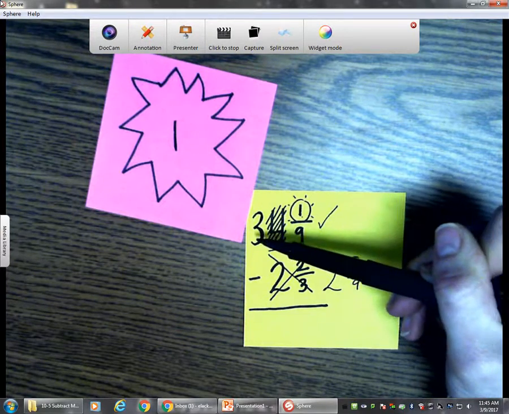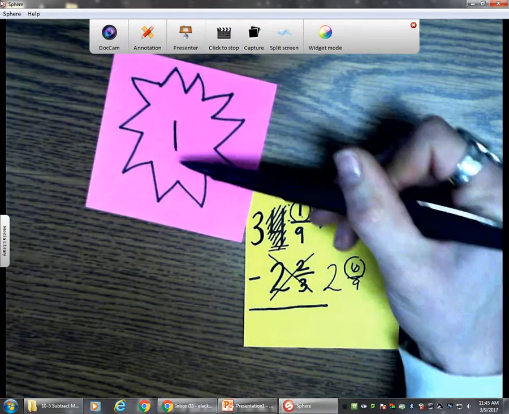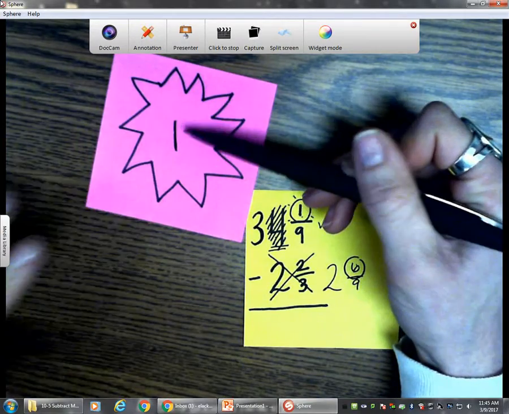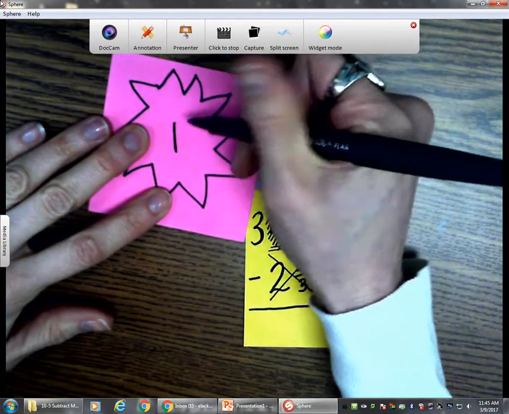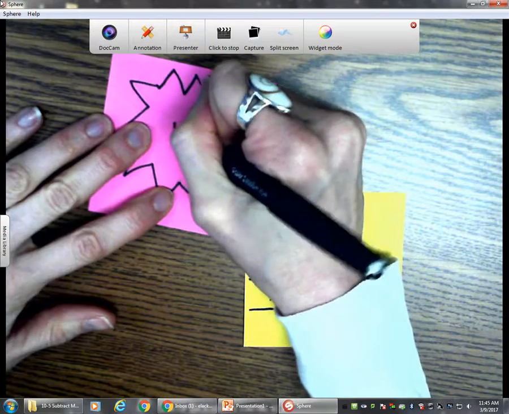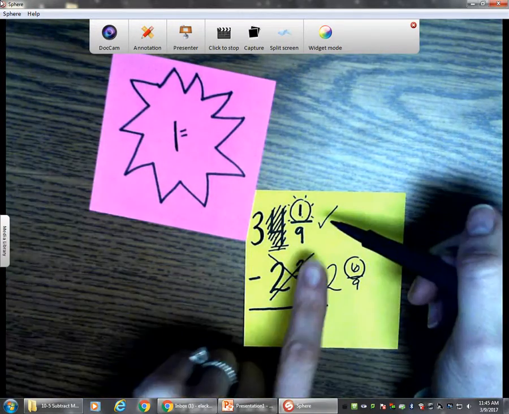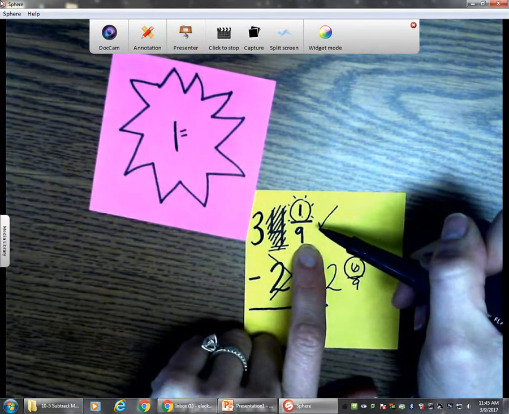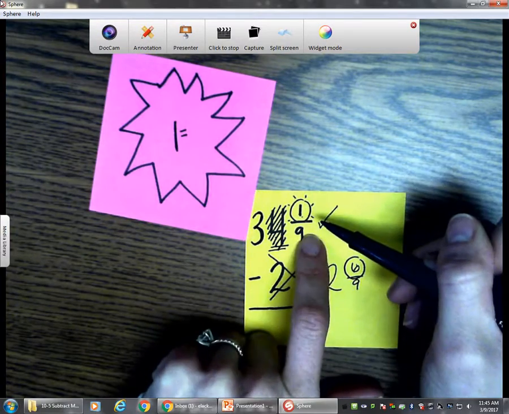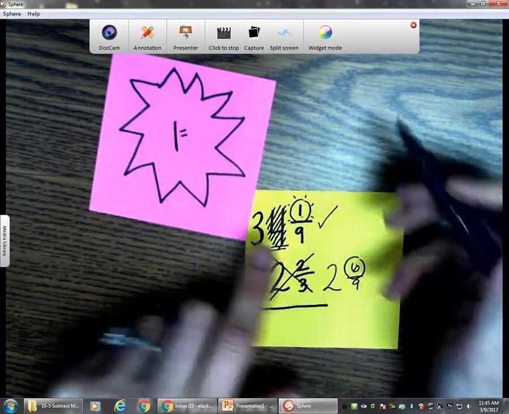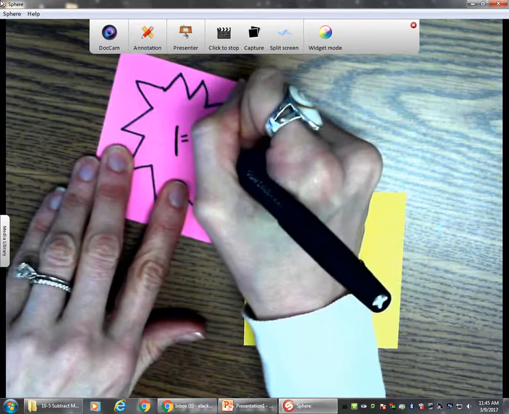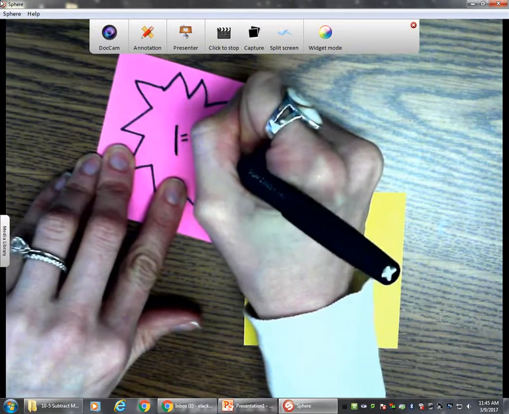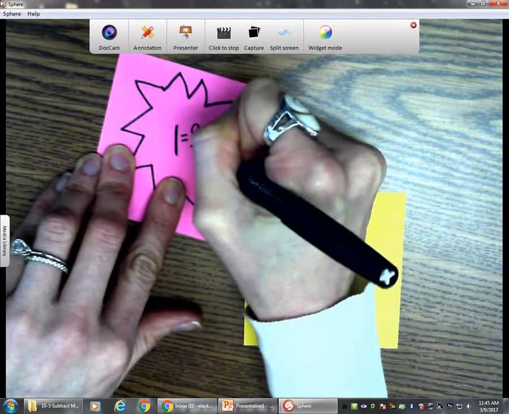If I take 1 away from the whole number, it's sitting up there right now, can I call it something different? Instead of calling it a whole, I need to make more ninths. I only have 1/9, but I wish I had more. What if I make this 1 whole into 9/9?